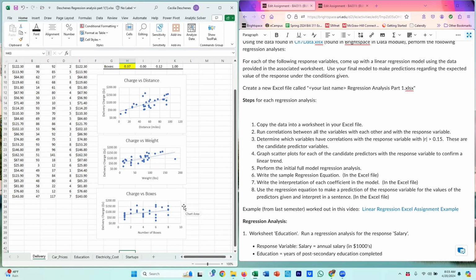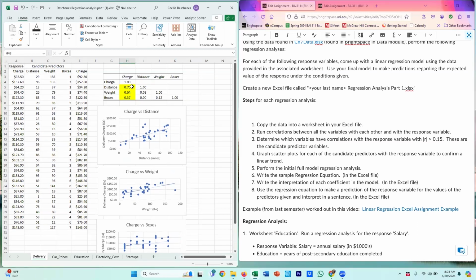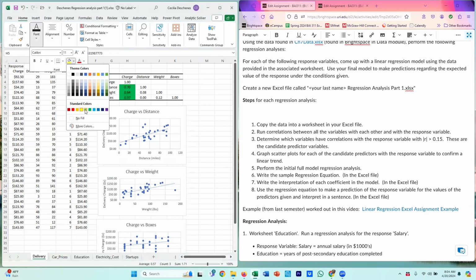Again, when we start and we're looking for possible predictors, we can include anything that looks like a possibility, because it will drop out of the model if it's not useful for predicting. So now I'm going to turn all of these green because right now these all look good to go.